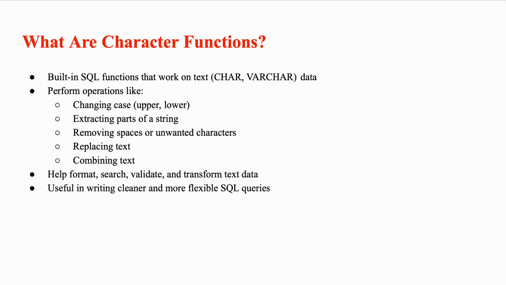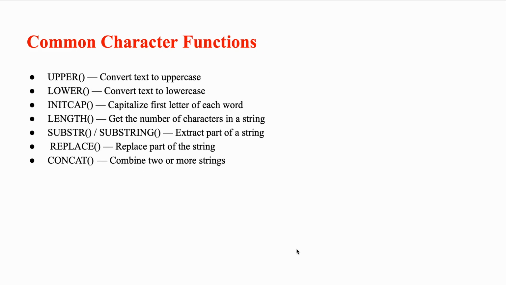Character functions are built-in SQL functions that let us work with text data like char or varchar columns. We use them to change the case of the text, extract or replace parts of a string, or clean up spaces. These functions are very handy for cleaner, more flexible SQL queries, and they are extremely useful in data validation and reporting. Here are some of the most commonly used character functions in SQL.